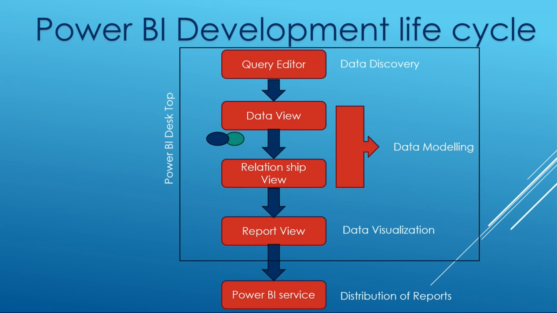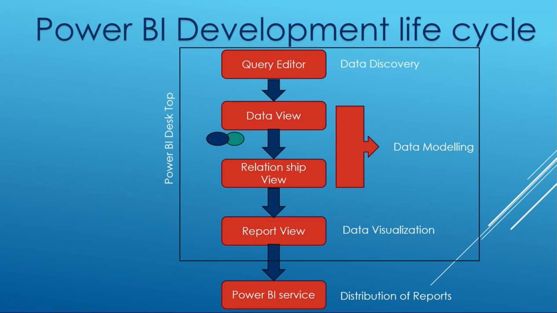The third stage is the data visualization stage, which we also call the reporting view. It is the visual representation of the data. With the help of the inbuilt charts, we are going to design a visualization report.